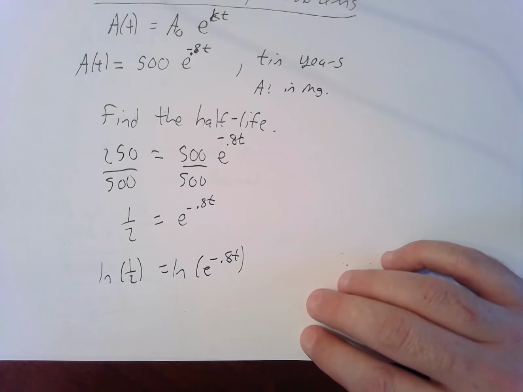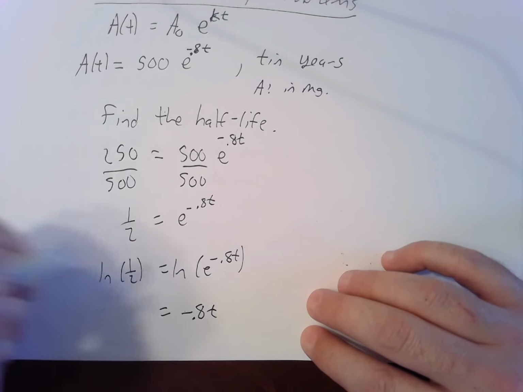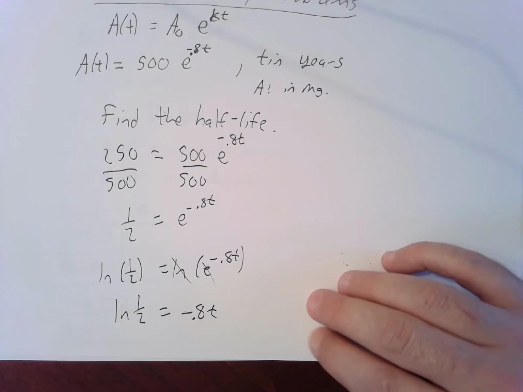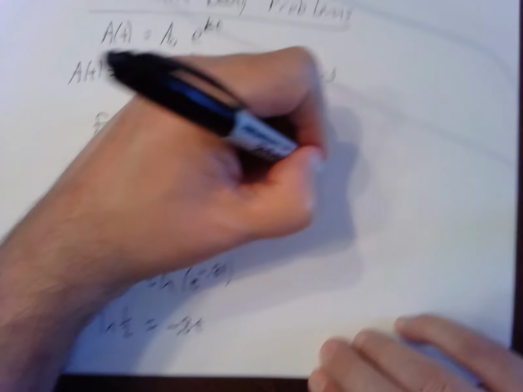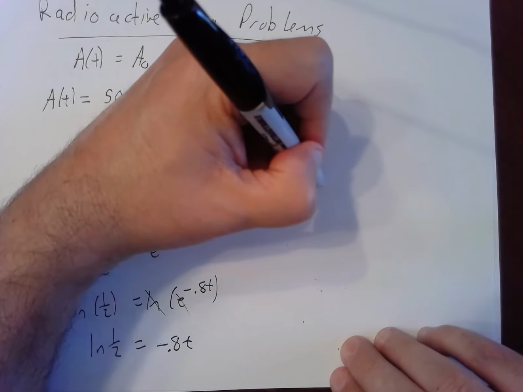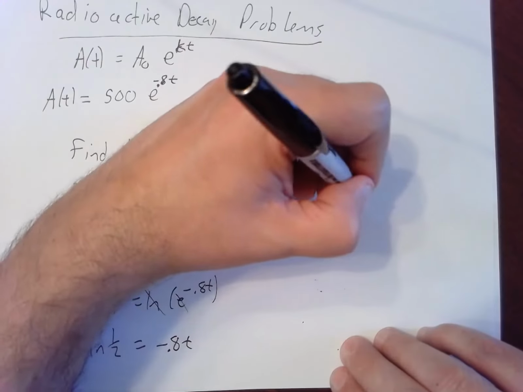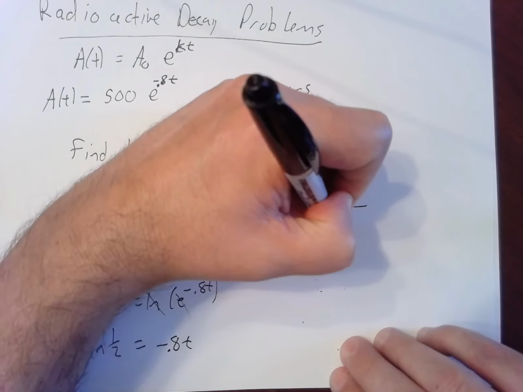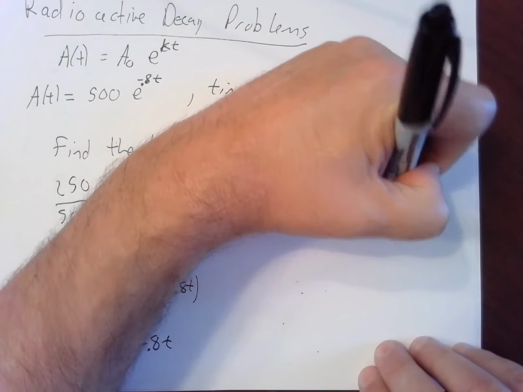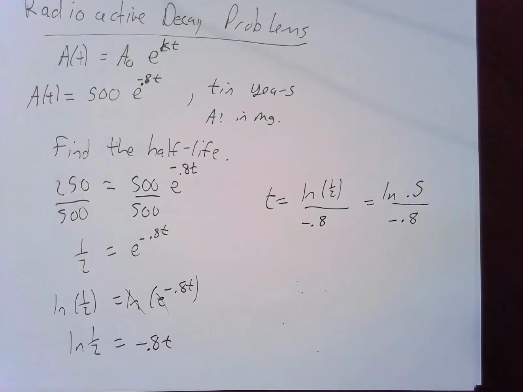Natural log of e to the anything is just that thing, because those are inverses, they cancel out. And then divide by that negative 0.8. I get t is natural log of a half, natural log of 0.5, divided by negative 0.8.